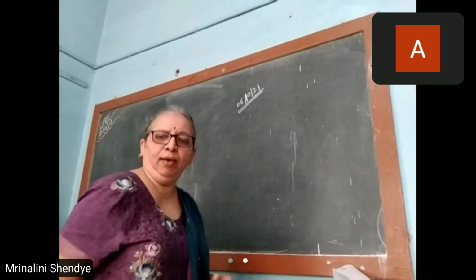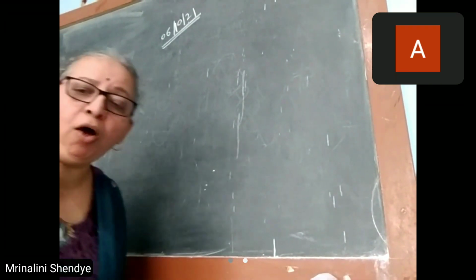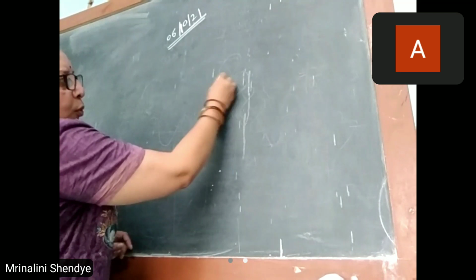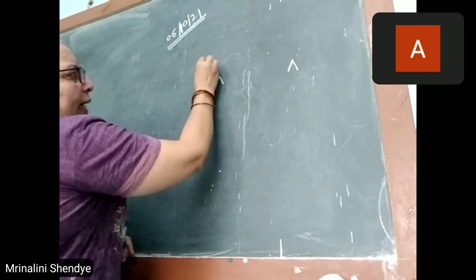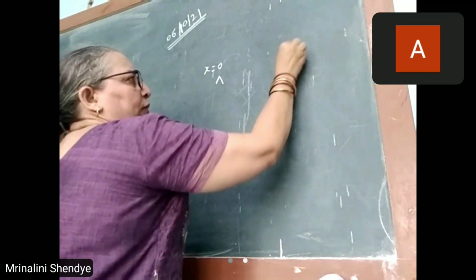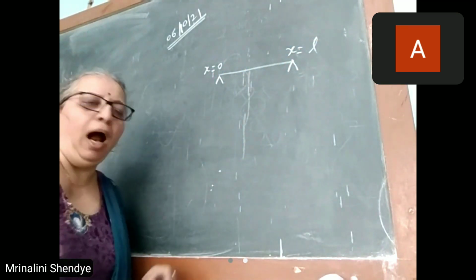If I have a straight string which is of length small l bounded between two rigid supports, at x equal to 0 and at x equal to l, I will arrange this string under tension.